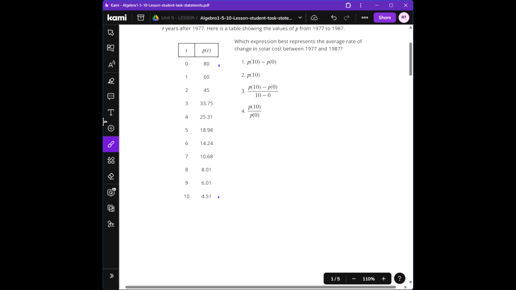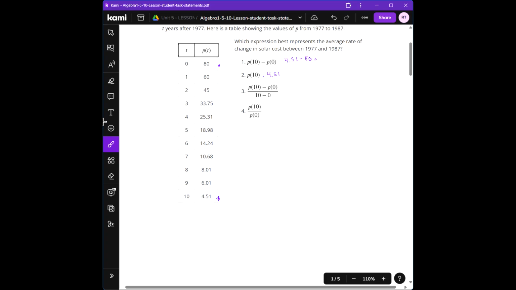That's not really what we're looking at here. P of 10 is just going to be the price after 10 years, which would be $4.51. And then we could also do 4.51 minus 80 for this one, and that's going to give us a certain value.